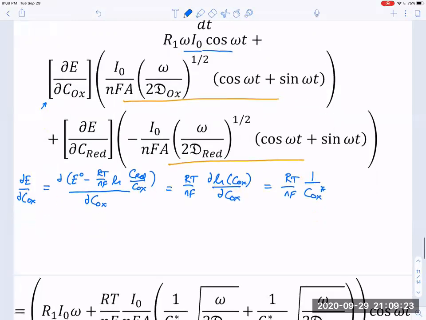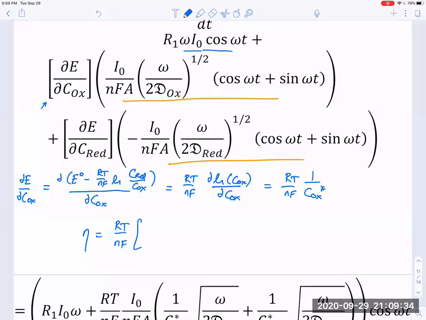Specifically, where this is coming from is we're looking at this linearized region of the Butler-Volmer-Nernst relationship, where we're saying that the overvoltage is equal to RT over NF, Cox at the electrode surface ratioed to the bulk concentration, minus the reduced species concentration at the electrode surface ratioed to the bulk reduced concentration, plus I over our exchange current density.